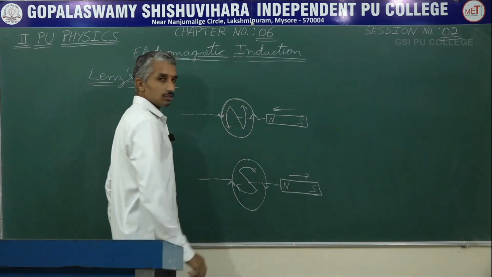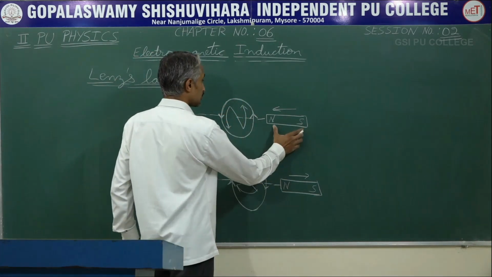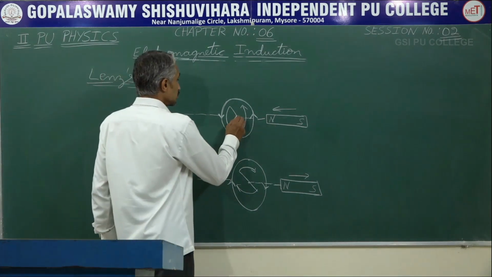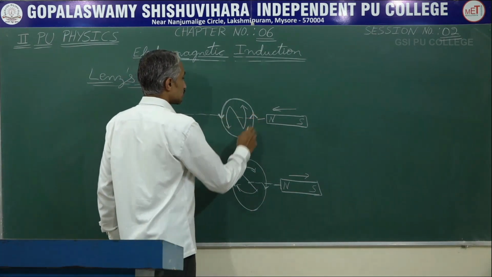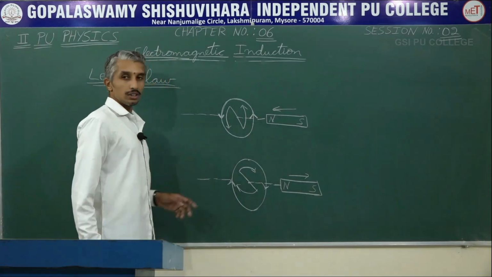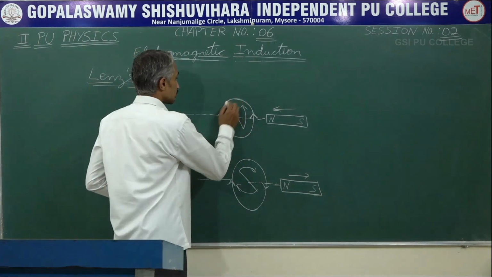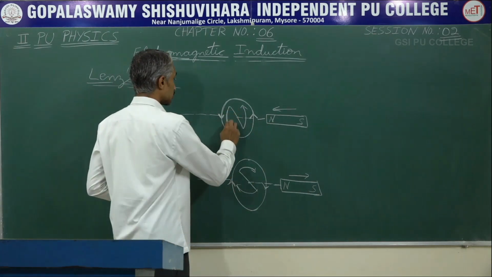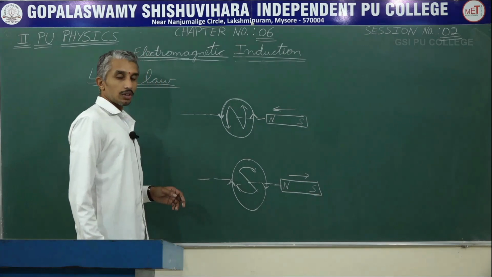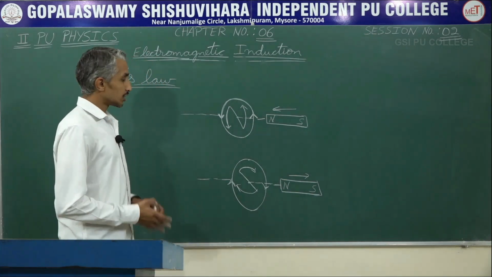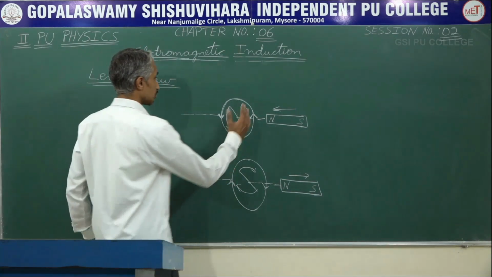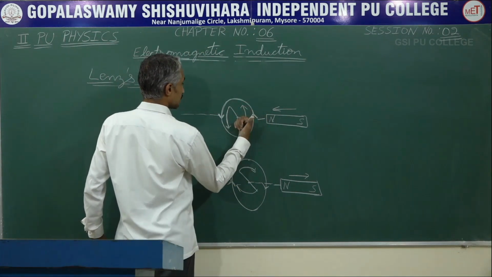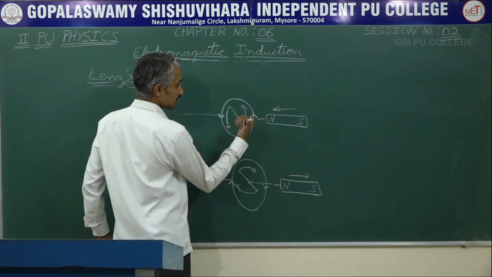We have a coil. When the north pole of the bar magnet is moved towards the coil, the current induced in the coil is such that the face facing the north pole also becomes north. Using your right hand thumb rule which you studied in chapter 4, curl the fingers in the direction of the current, then the thumb gives the direction of the north pole.